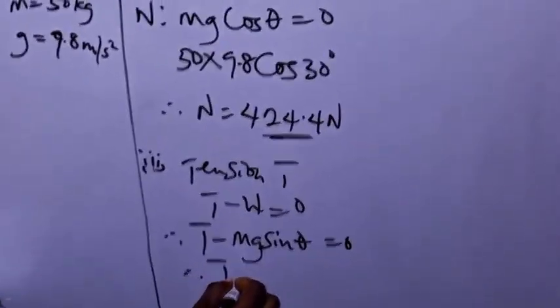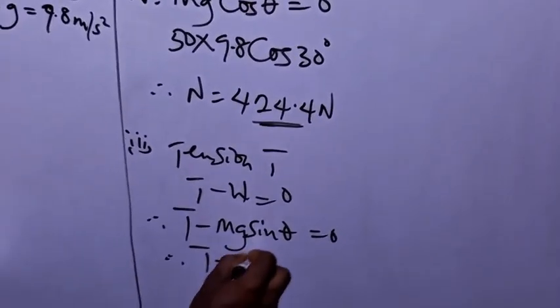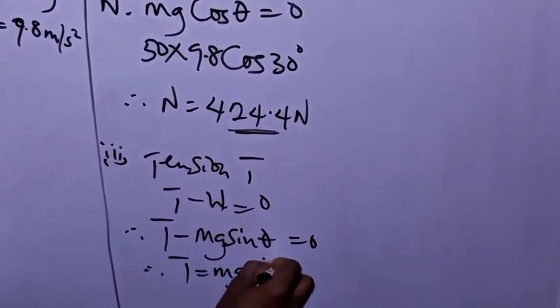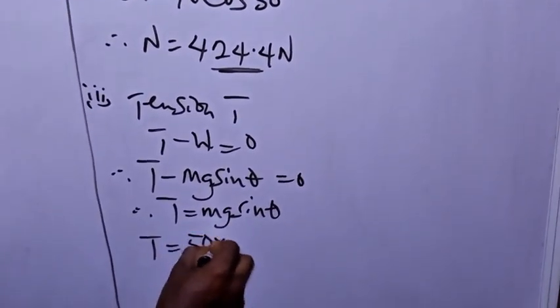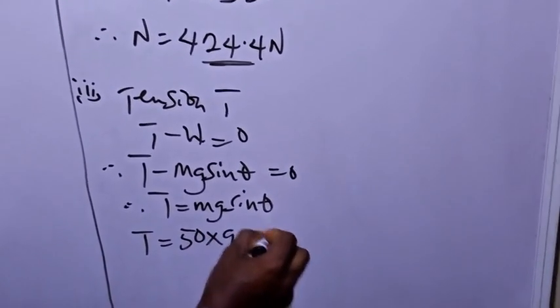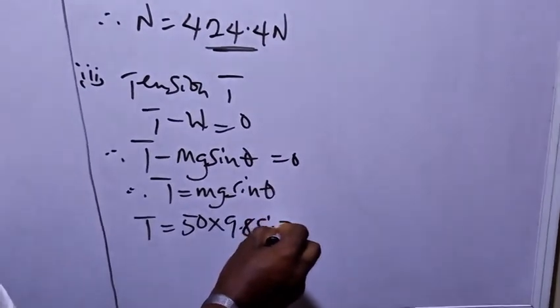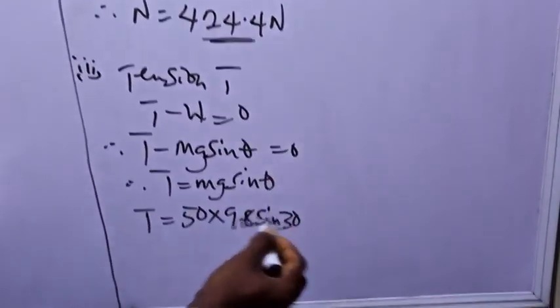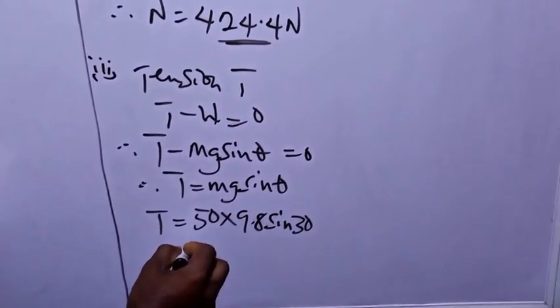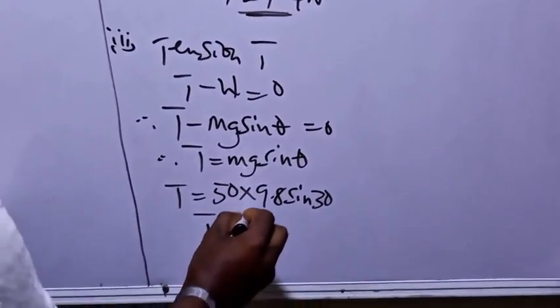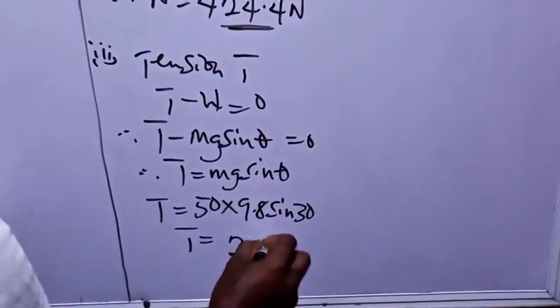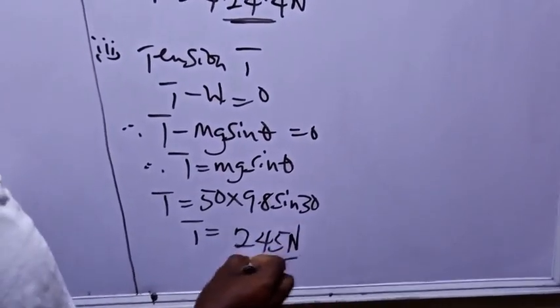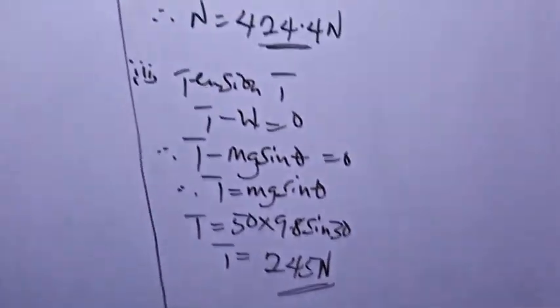Therefore, T equals mg sine theta. Then the tension here will be the mass, 50, times 9.8 times sine 30 degrees, being the angle it forms. Now, if you multiply this together, you have the tension to be 245 Newton. Now, the A part of this question is solved as this.